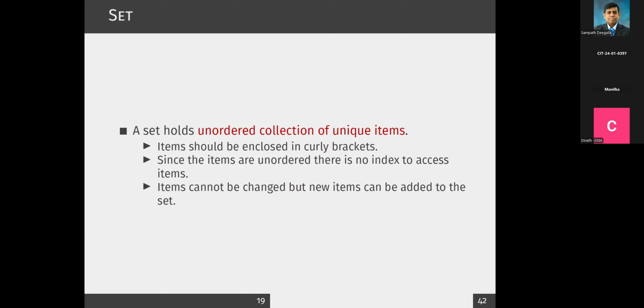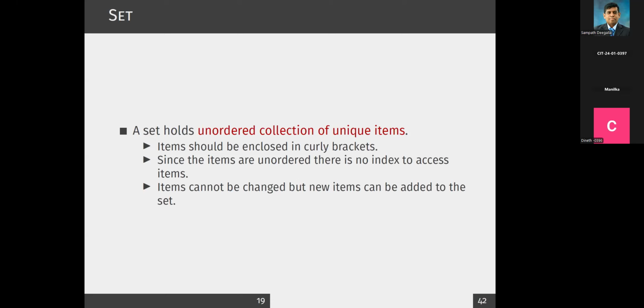The third one is very interesting. The set idea, I hope you have learned in mathematics as well. When you say a set, we don't specify any order, but it will have unique items. When you say unique, you don't have any duplicate values. The second point is you use curly brackets here. If you see curly brackets, hopefully you will notice that it is a set, right?